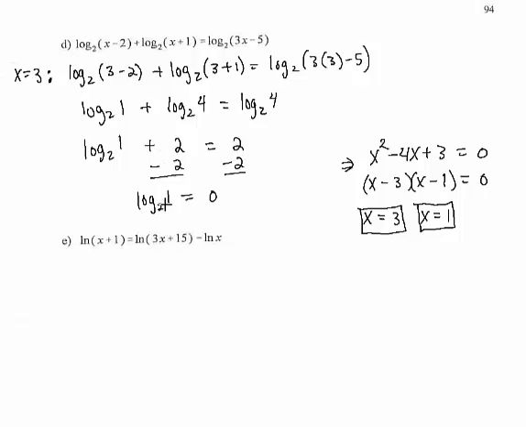And that's true. What do we raise 2 to get 1? A 0. So we could have said 0 plus 2 equals 2. 2 equals 2. X equals 3 checks out.